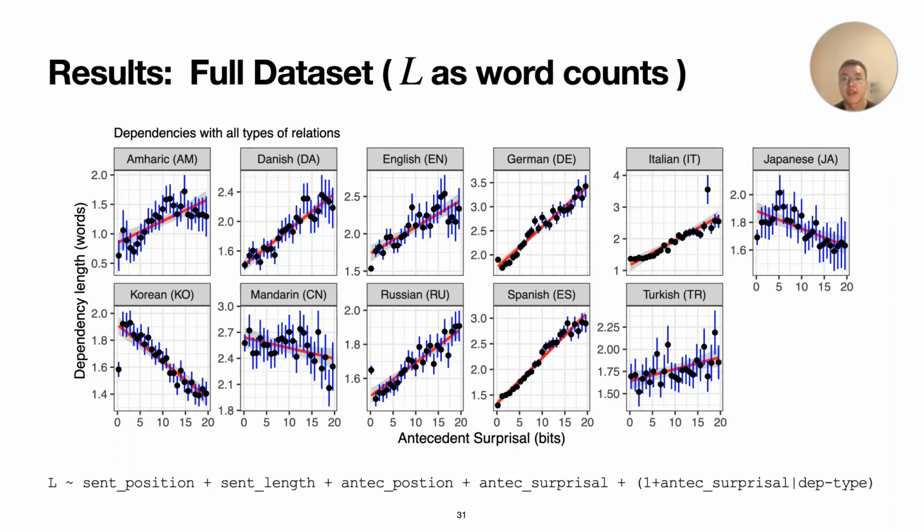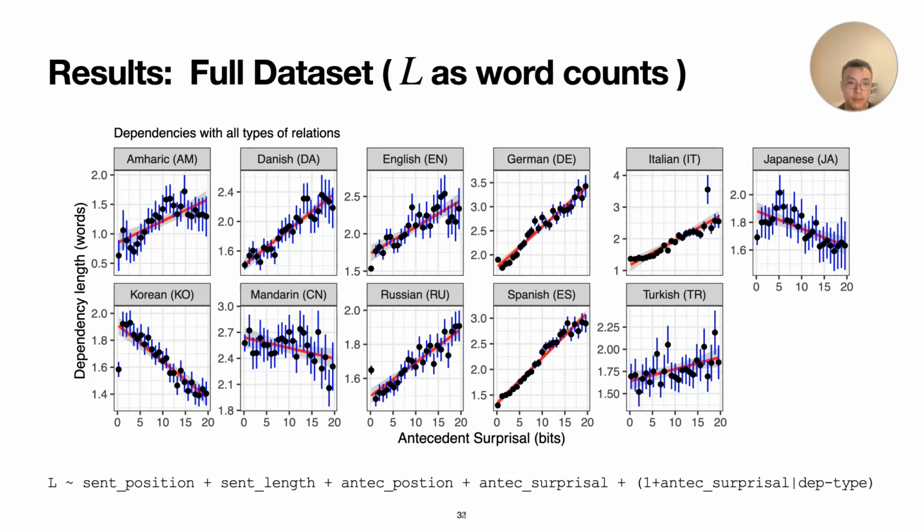The critical fixed effect is antecedent surprisal, and we include random slope and random intercept by dependency type. We also include 3 control variables. The first one is the sentence position in the text, if the corpus is document by document. The second one is the sentence length as word counts. And the last control variable is the position of the antecedent in the sentence.